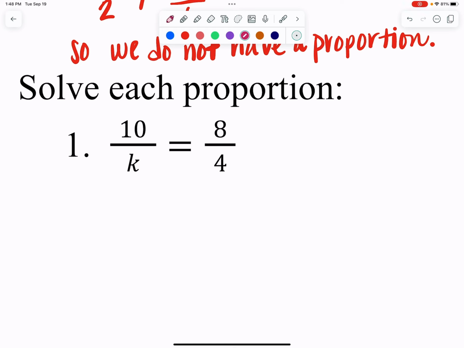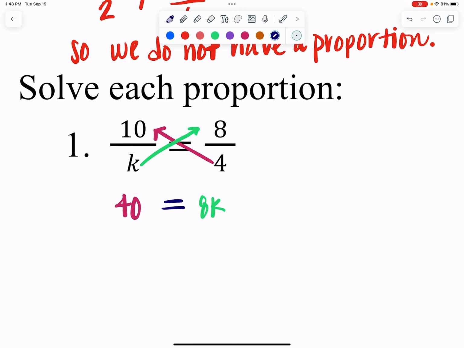So, just like before, I'm going to cross multiply. So I get 40. I want them to be equal, so I'm going to bring down my equal sign. And I'm going to multiply that way. K times 8 is just 8k.